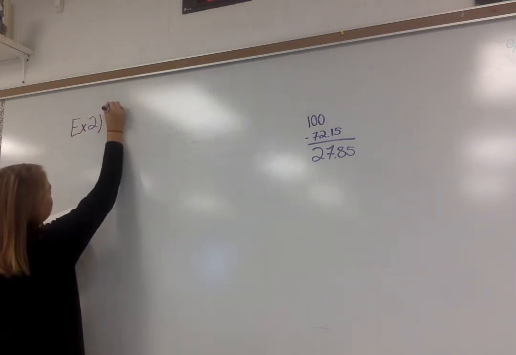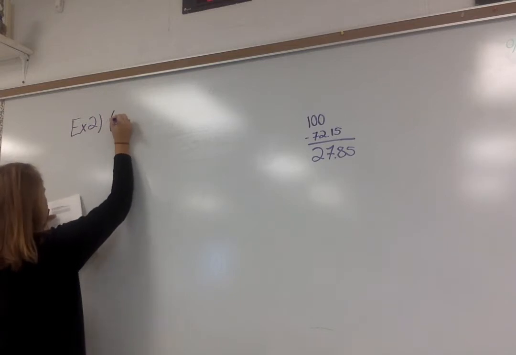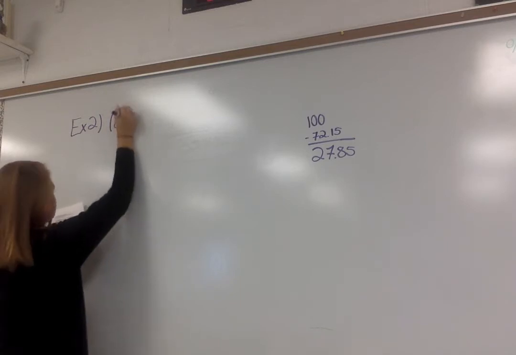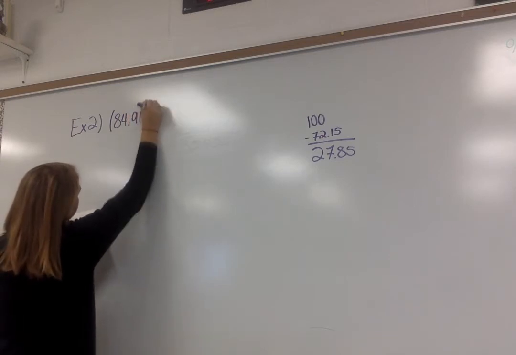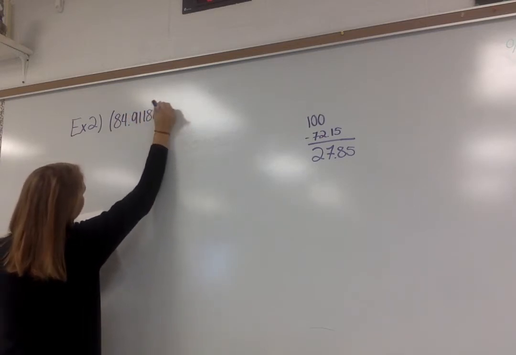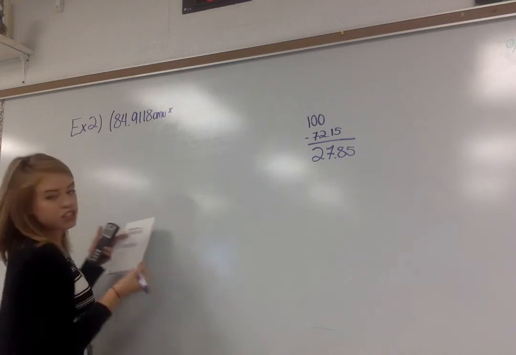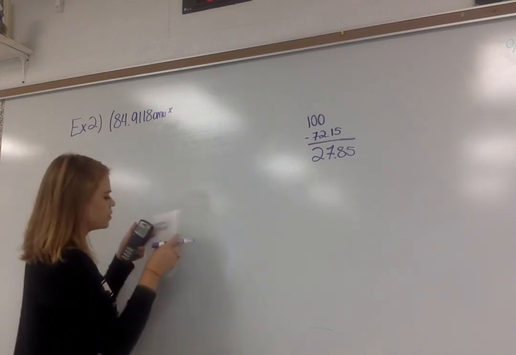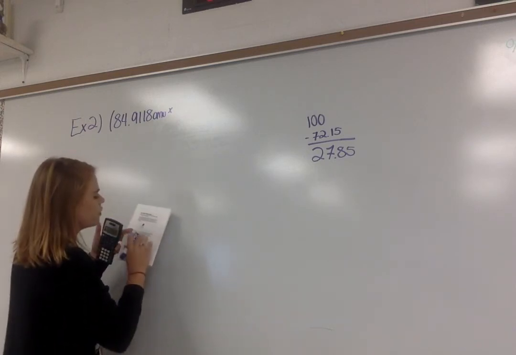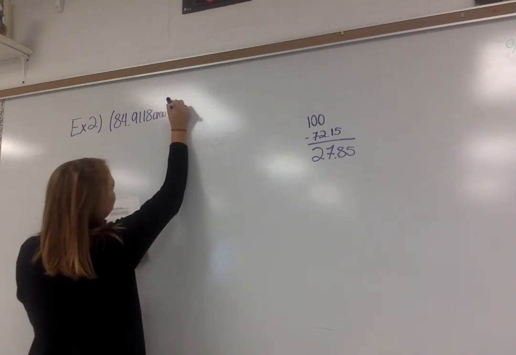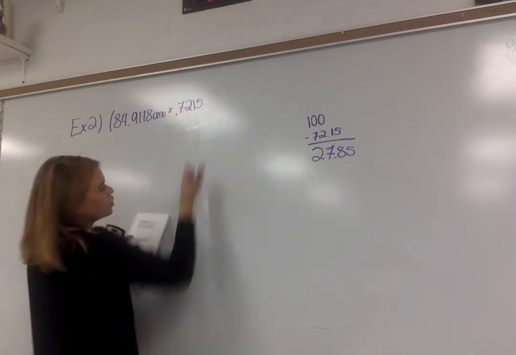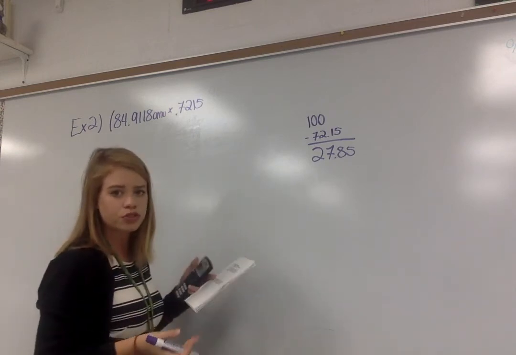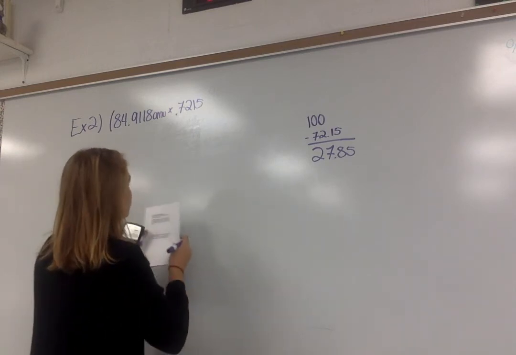We know the mass of the first isotope is 84.9118, and that unit was AMU. And we're going to multiply that again, just like we did for our first example, by our percentage for the first isotope, which was 0.7215. Again, I just took that percentage and put it into a decimal, just as we always should when typing it into our calculator.